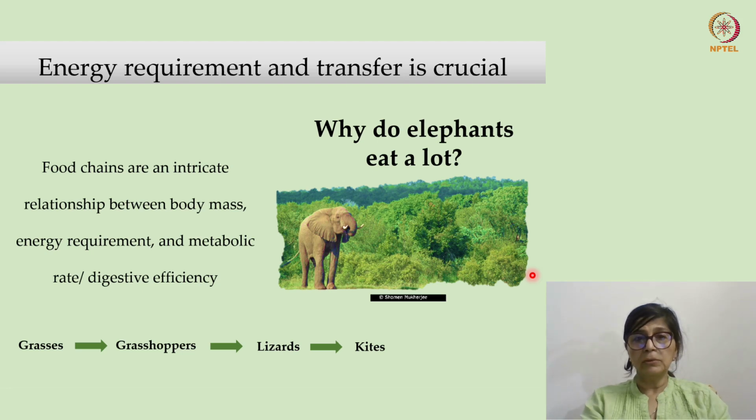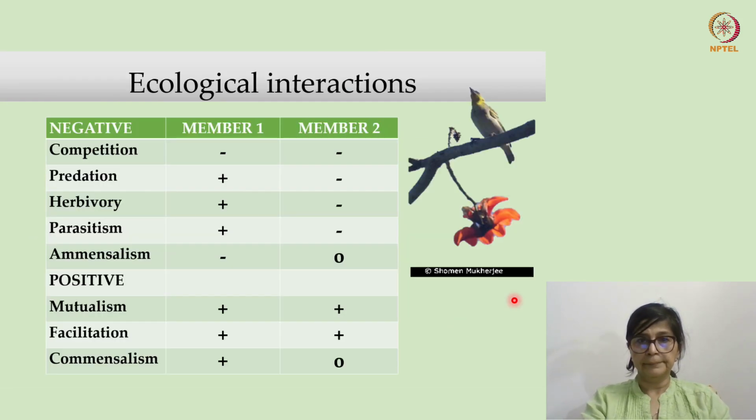Now let's go to the different interactions that we know, which is the main topic of this lecture. So I've started with negative, that is fine, and then the positive interactions. Competition, where, you can see, we are looking at just two members. Competition harms both the members.